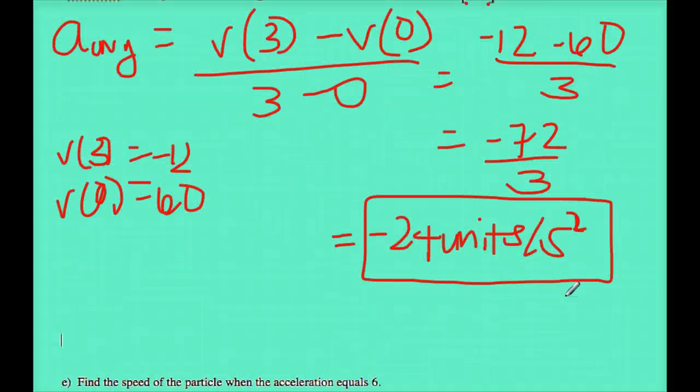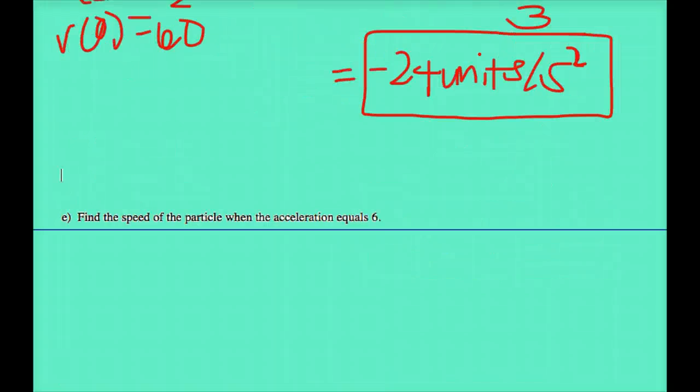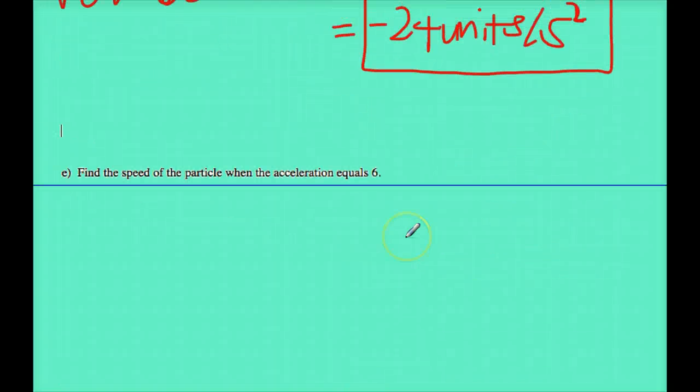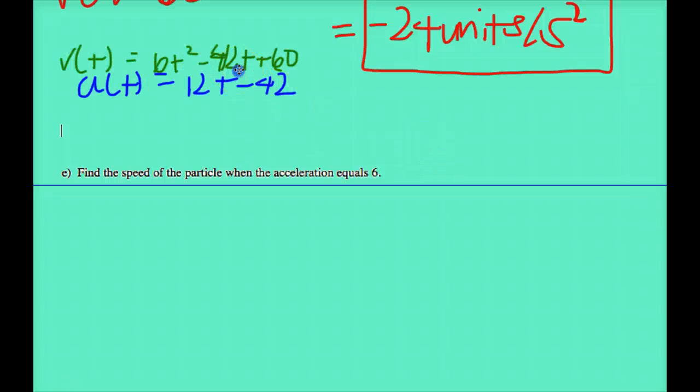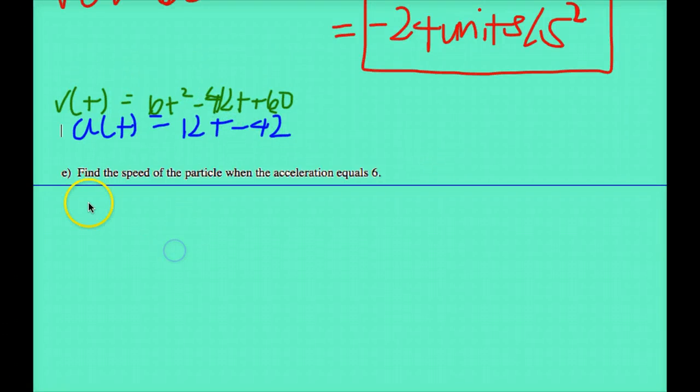Part E is down below. Let's do the equations again just so you guys can see. So here are my equations again. And it says, find the speed of the particle, so I know this is important, when the acceleration equals 6. So what am I looking for here?